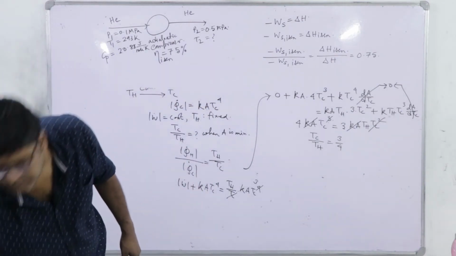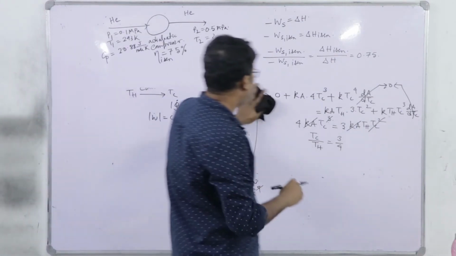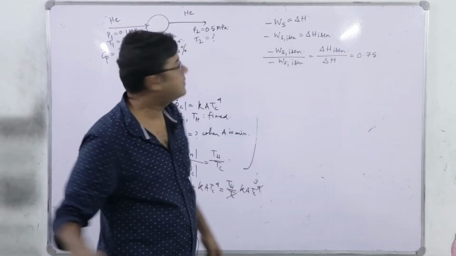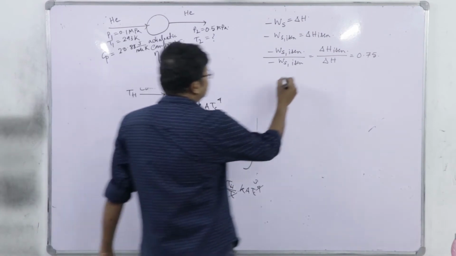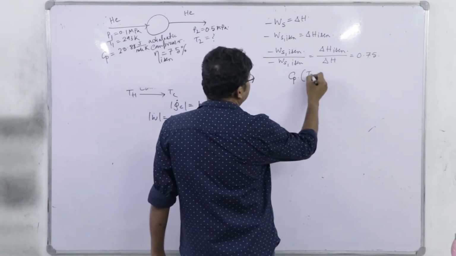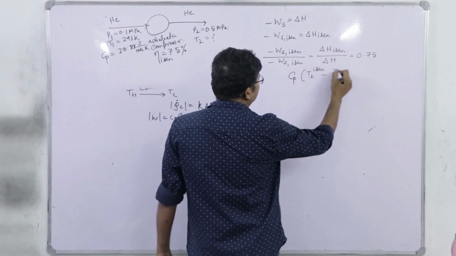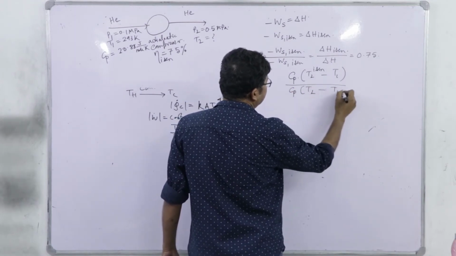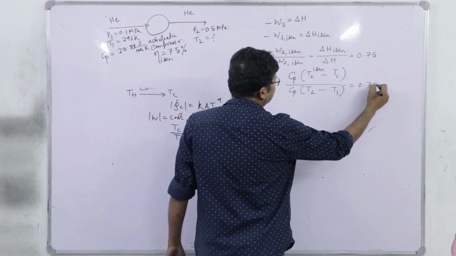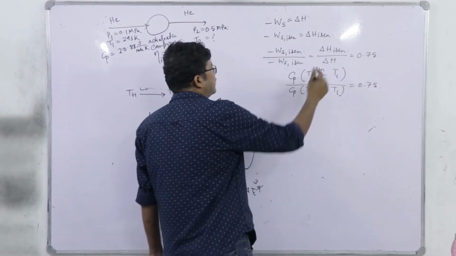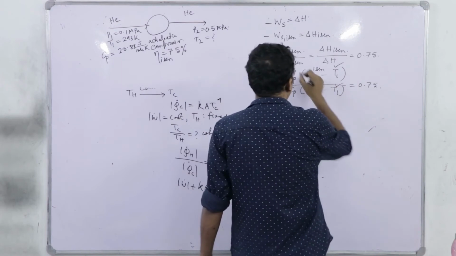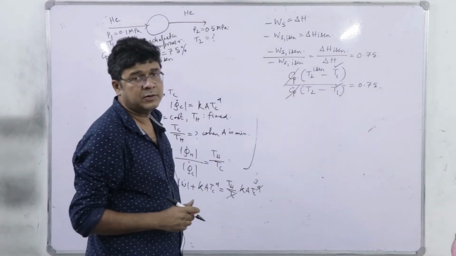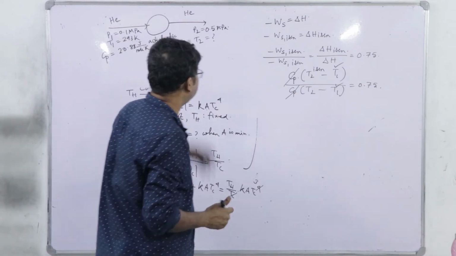Right. So, once we have this, now it is an ideal gas. So, we can write it is to be Cp T2 Isen minus T1 divided by Cp T2 minus T1, that is 0.75. So, T1 we know, Cp cancels out. So, if I am able to calculate T2 Isen, T2 can be solved.